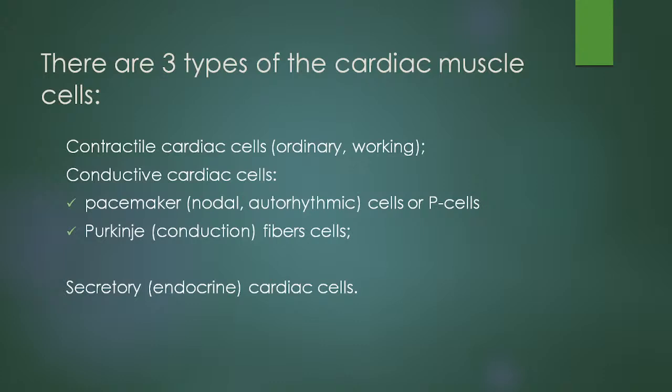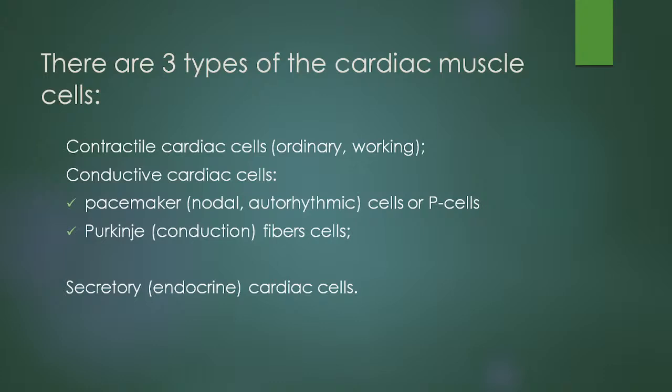Pacemaker, nodal or arrhythmic cells, or P cells, are modified cardiac muscle cells with pale cytoplasm and fewer myofilaments. These cells are situated in the sinoatrial and atrioventricular nodes and internodal tracts.